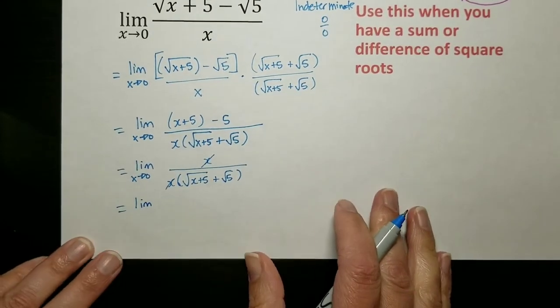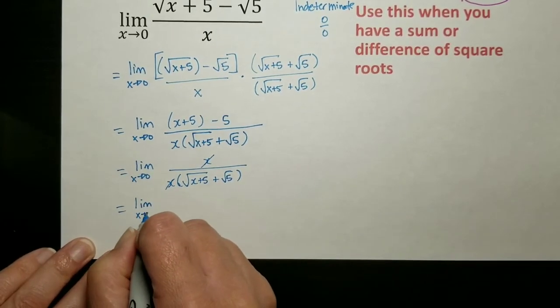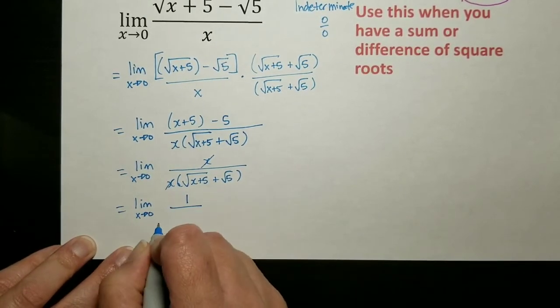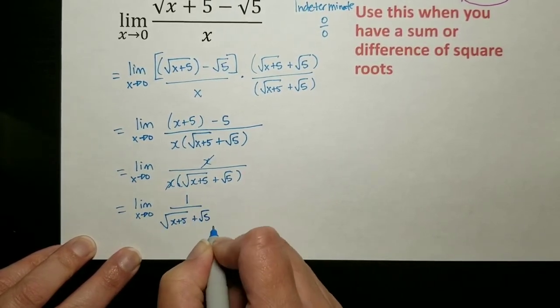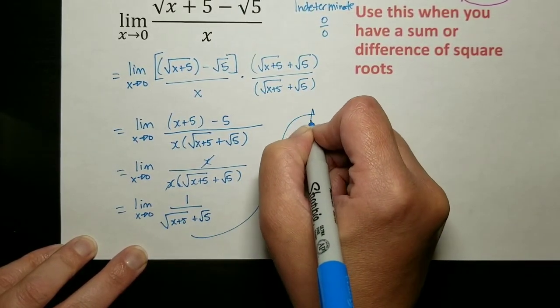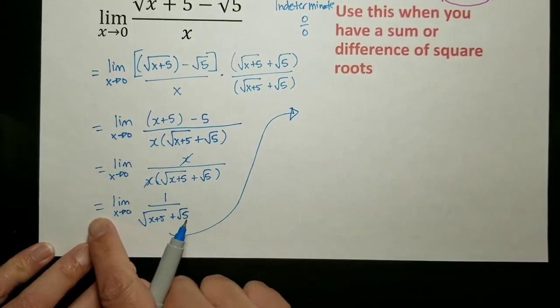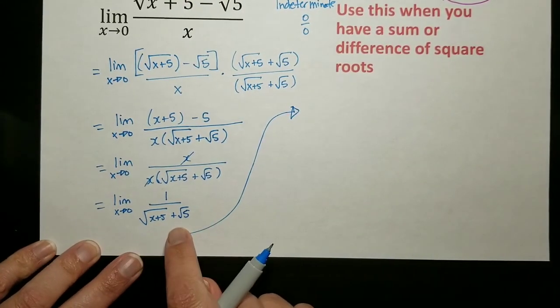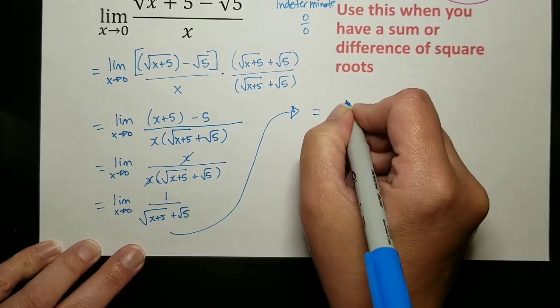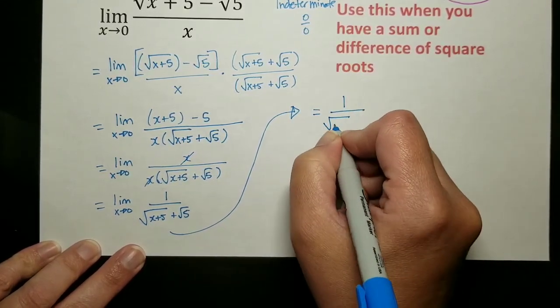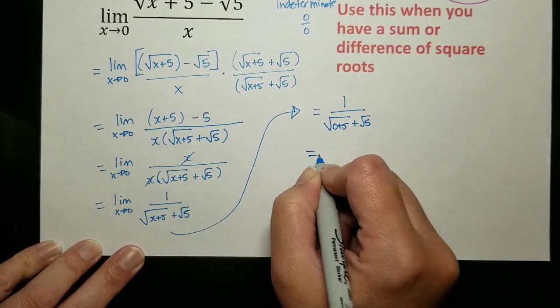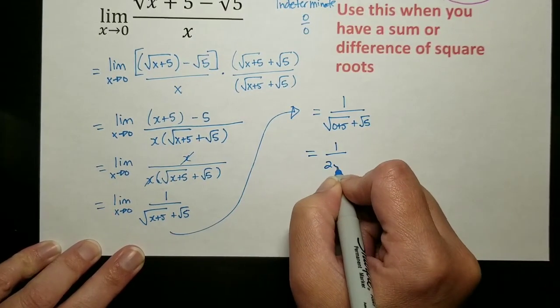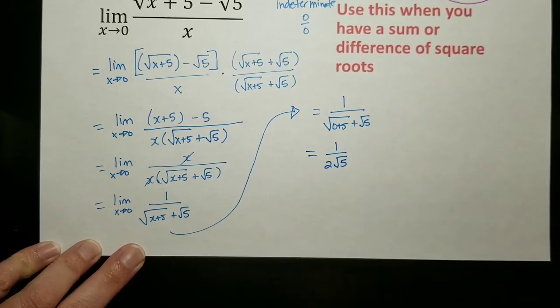The limit as x approaches 0 of 1 over root x plus 5 plus root 5. Here is the point where you could drop the limit notation because I'm going to sub in a 0. So I just have equals 1 over root 0 plus 5 plus root 5. So I have 1 over 2 root 5.